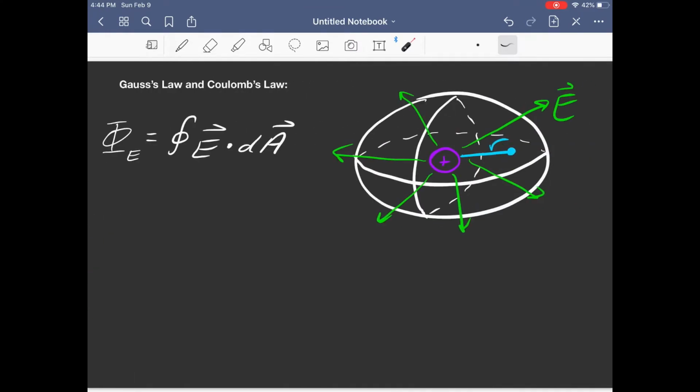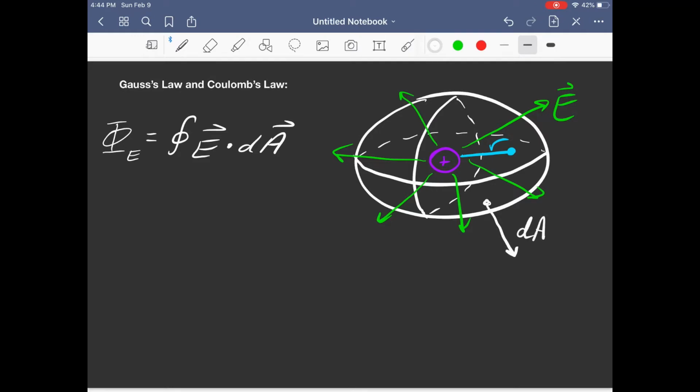All right, so using Coulomb's law to prove Gauss's law to ourselves, we will have to use the mathematical definition of flux, which is that the electric flux is equal to the surface integral of the dot product of the electric field vector and the area vector. So what's an area vector? We could pick anywhere we want on this sphere, and an area vector is just a vector pointing outward.